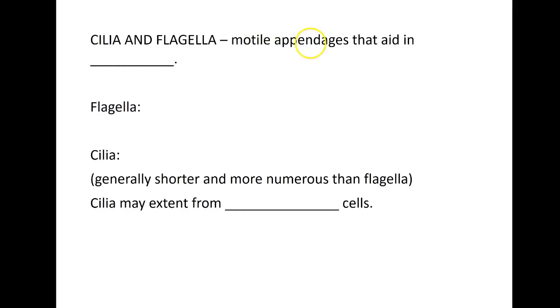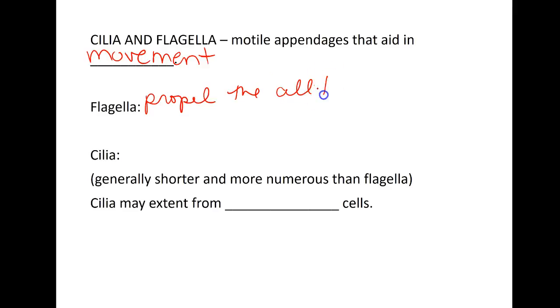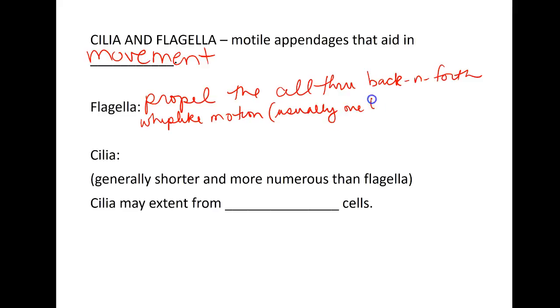These are appendages that aid in movement. Okay? We said the flagella propel the cell through back and forth, whip-like motion. I'm saying usually one long tail. We'll call it a tail.